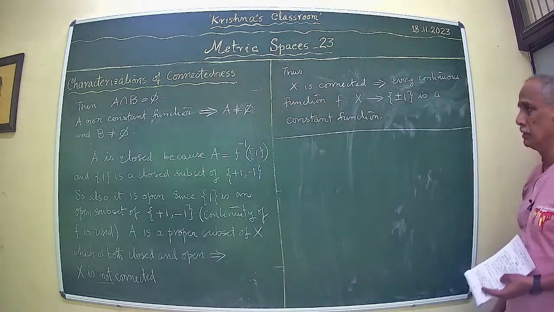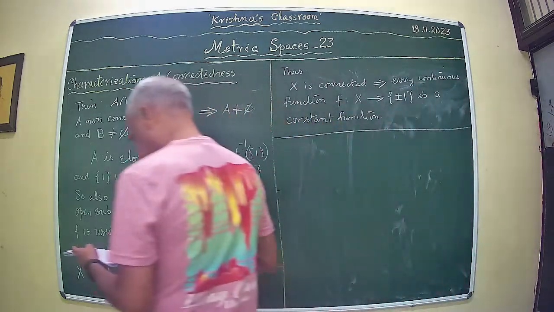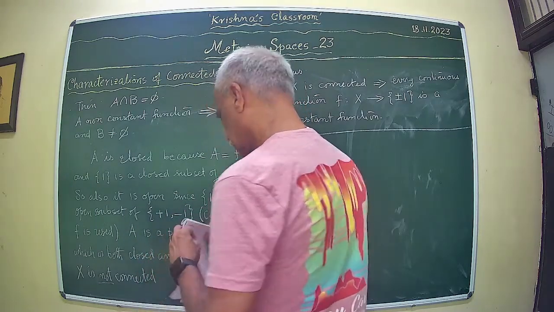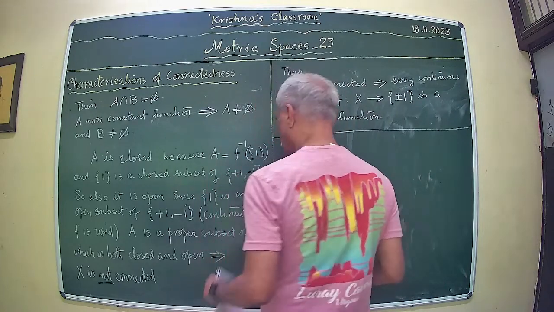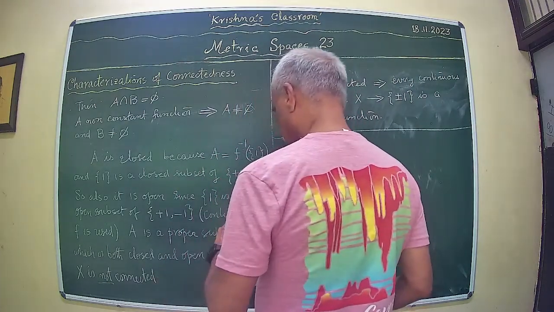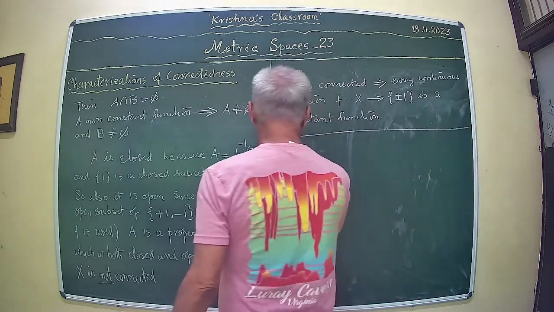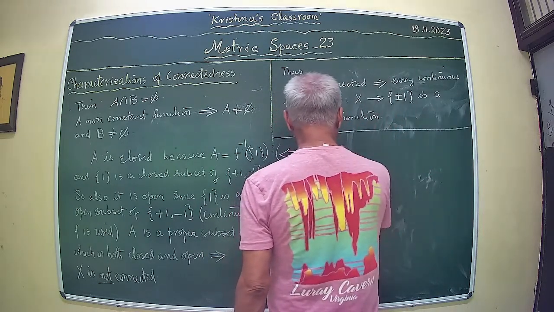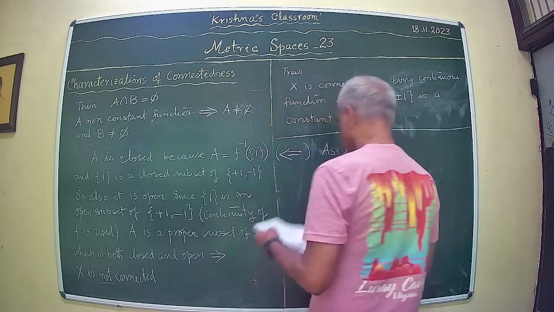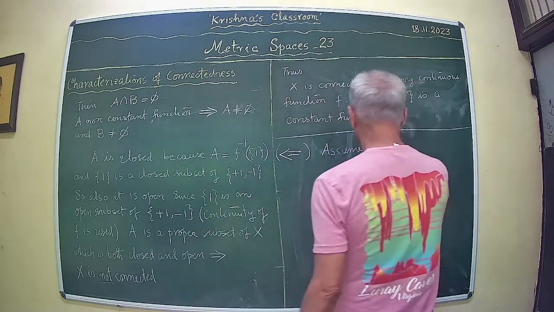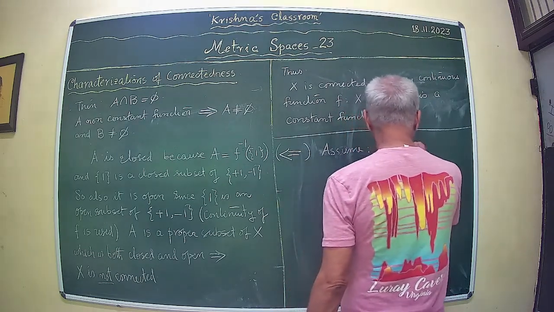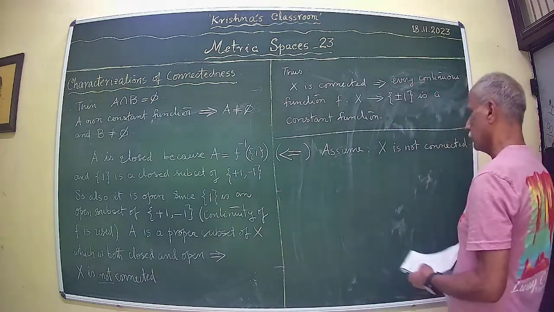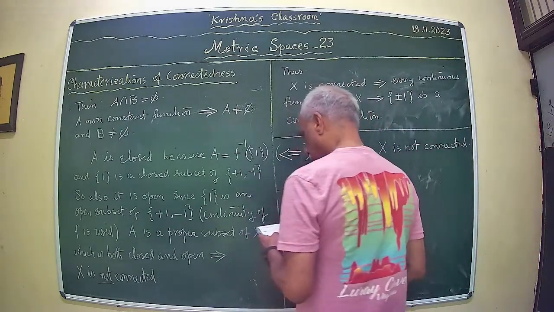Now we prove the converse implication. Now assume, so to prove that, again we are resorting to a contrapositive argument. So what we prove is the following.